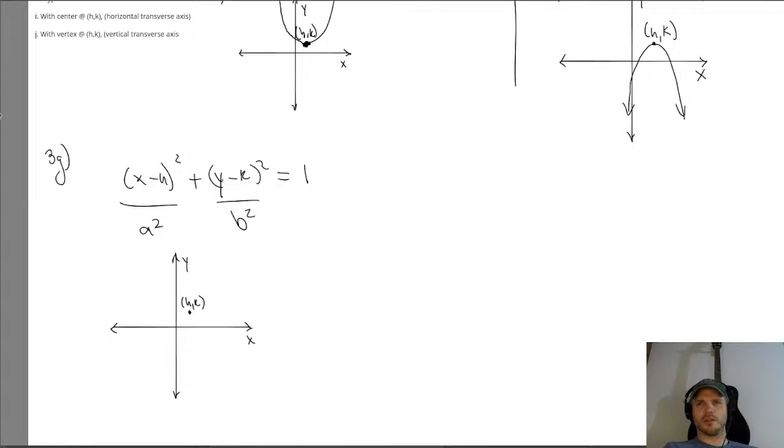And then I'll make an ellipse here. Actually, I'm going to make it obvious what the major and minor axis is, so it wants to be pretty squished.